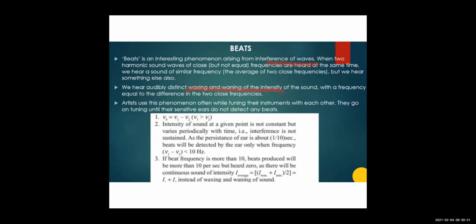So one rise and one fall in the intensity of the sound forms one beat. So how many beats in 1 second? That is your beat frequency. Right, children? Now, this is used by artists who tune their instruments till their sensitive ears do not detect any beat, right?